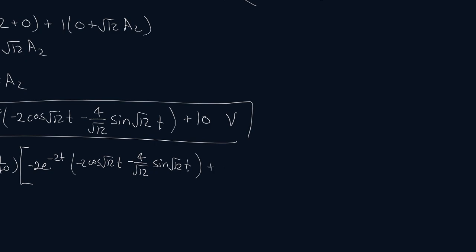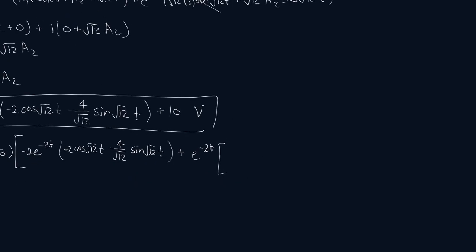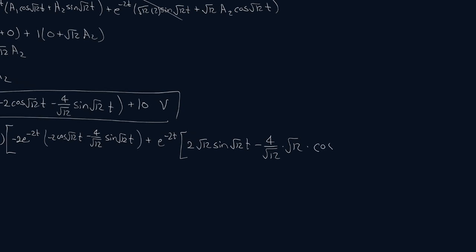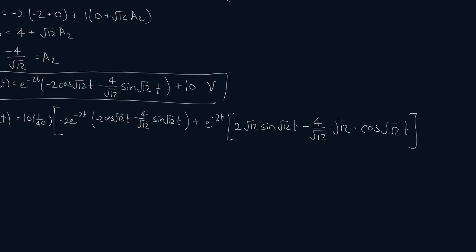Plus e to the minus 2t times minus 2 square root of 12 times minus sine square root of 12t, minus 4 over square root of 12 times square root of 12 times cos square root of 12t. Okay, that looks good so far.